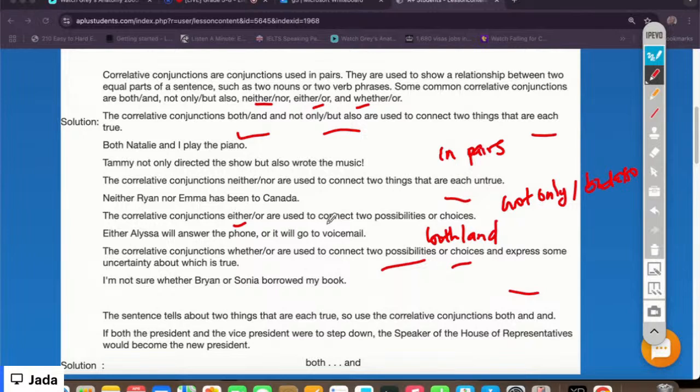When we have either or, it shows that two possibilities or a choice could happen. And when we have whether or, it shows two possibilities that express some uncertainty.